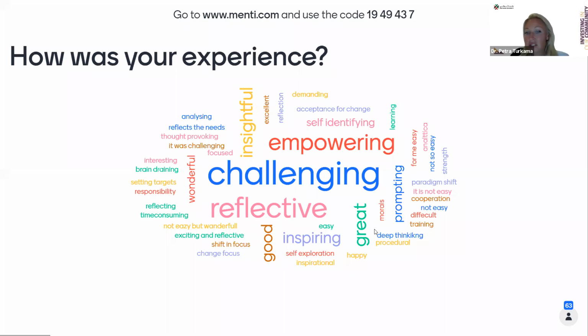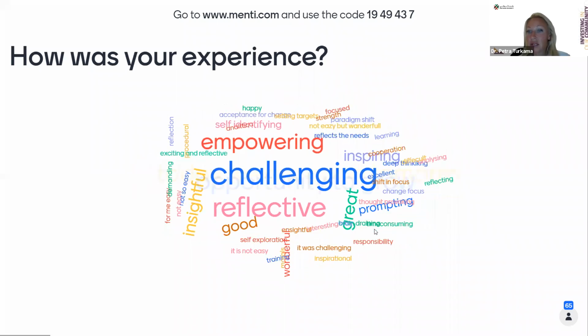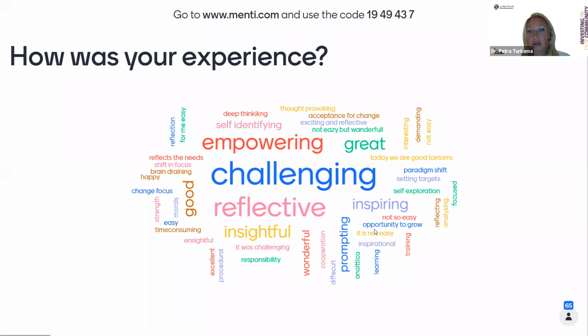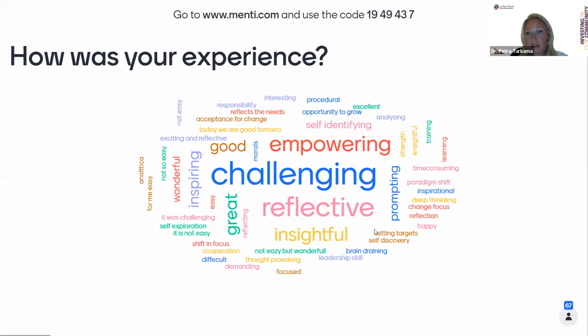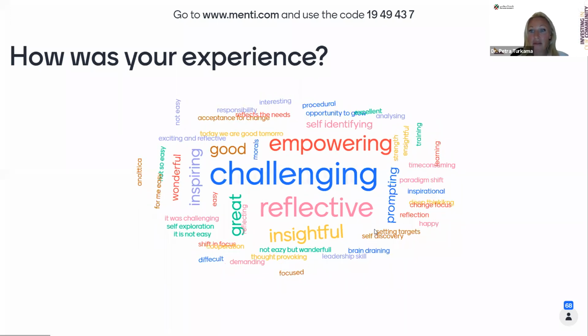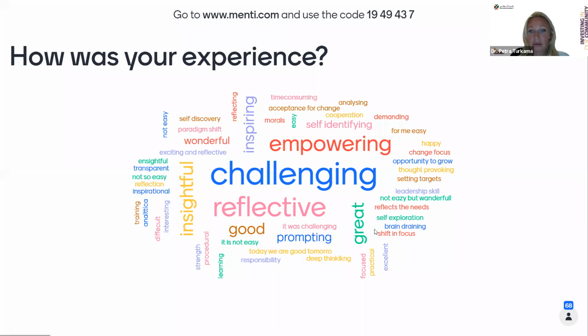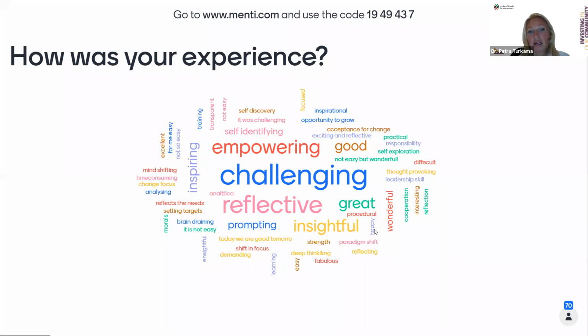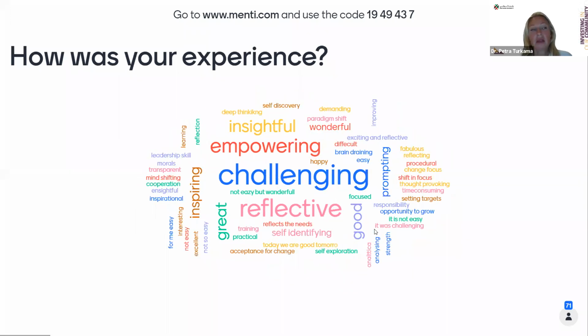Deep thinking, procedural. Morals, yeah, I think that's a good question, thinking for example about these graduate profiles, are they just fancy words, or are we really living and breathing them in our daily teaching? Change of focus, opportunity to grow, very good. It can be very time consuming, especially if you're doing the whole scorecard that was presented as well.